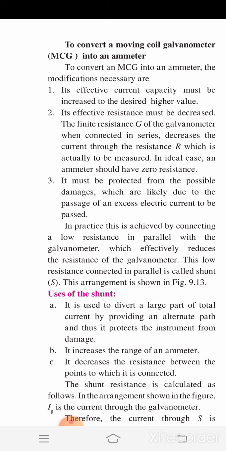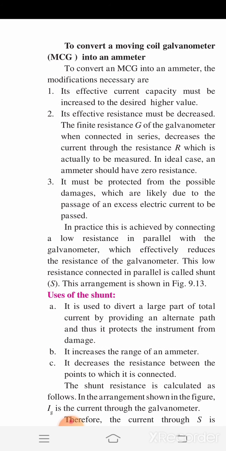The second modification is that its effective resistance must be decreased. The finite resistance G of the galvanometer, when connected in series, decreases the current through the resistance R, which is actually to be measured. In the ideal case, an ammeter should have zero resistance.